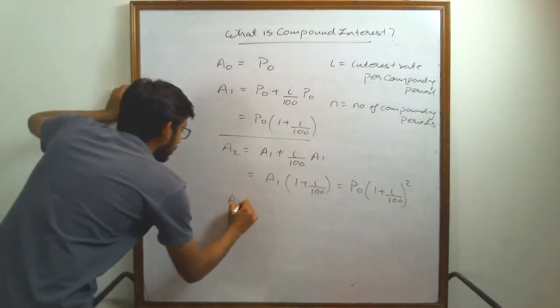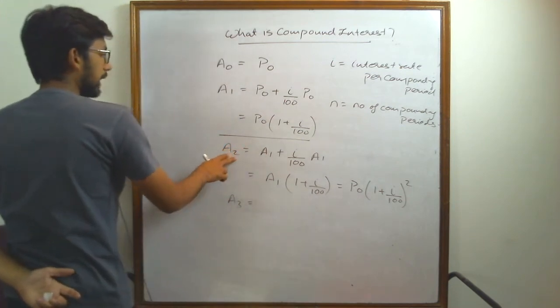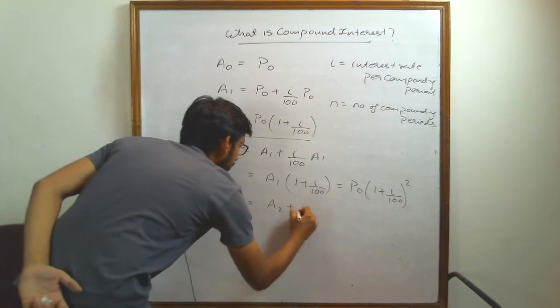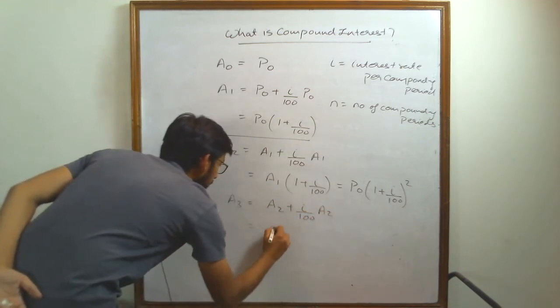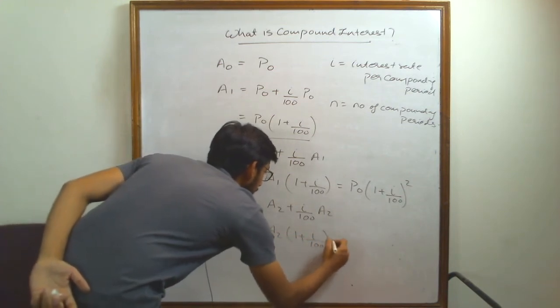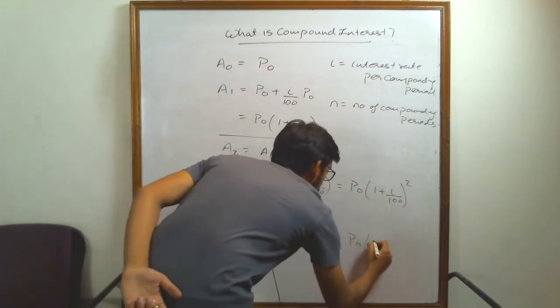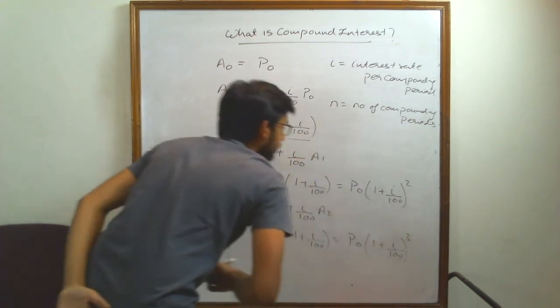If I look at the third year, in the third year the interest will be paid on A2. So now I will have A2 plus I% of A2. That means this will be A2 into 1 plus I upon 100, which will be actually equal to P0 into 1 plus I upon 100 whole to the power 3.